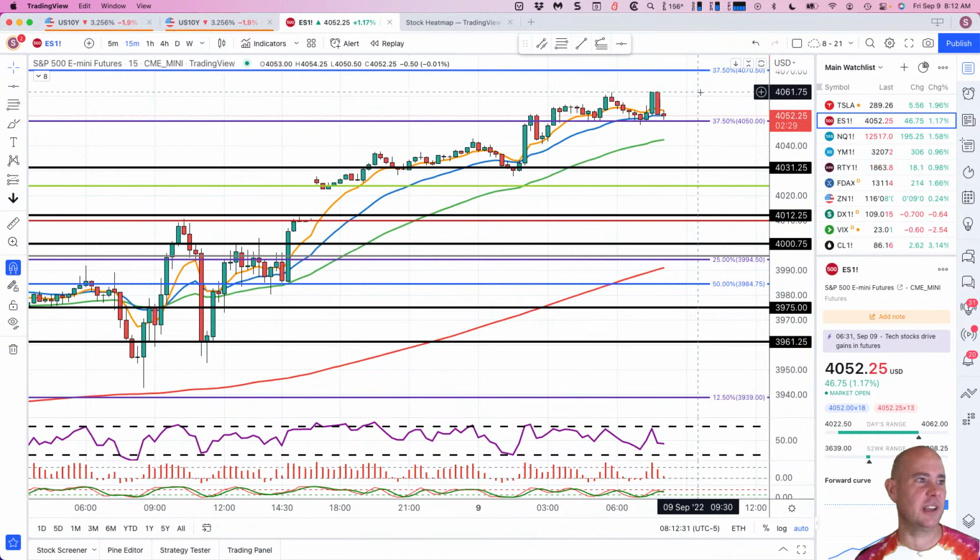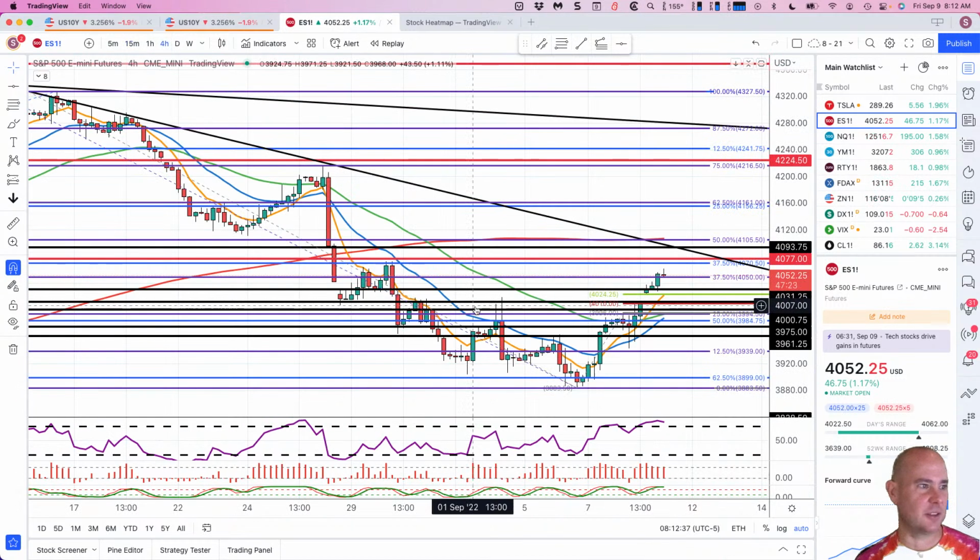If we do continue and break above 4,061, 4,070 is my next minor target, so don't ignore that area, 4,067 to 4,070. That was your topping area back on the 30th, pretty decent from the last little move up. So that would be my intraday target area.